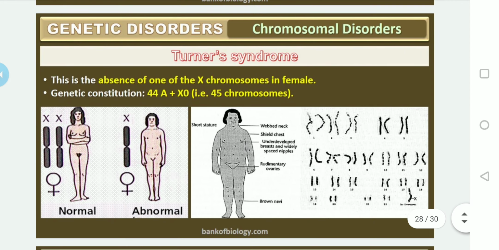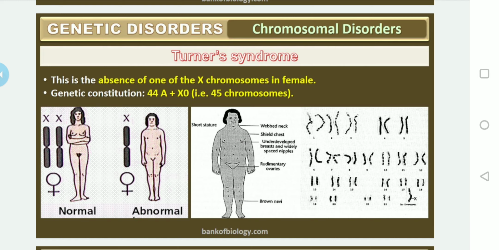Okay, the last chromosomal disorder in your syllabus is nothing but Turner's syndrome. Turner's syndrome is allosomal hypoaneuploidy. Hypo means less.